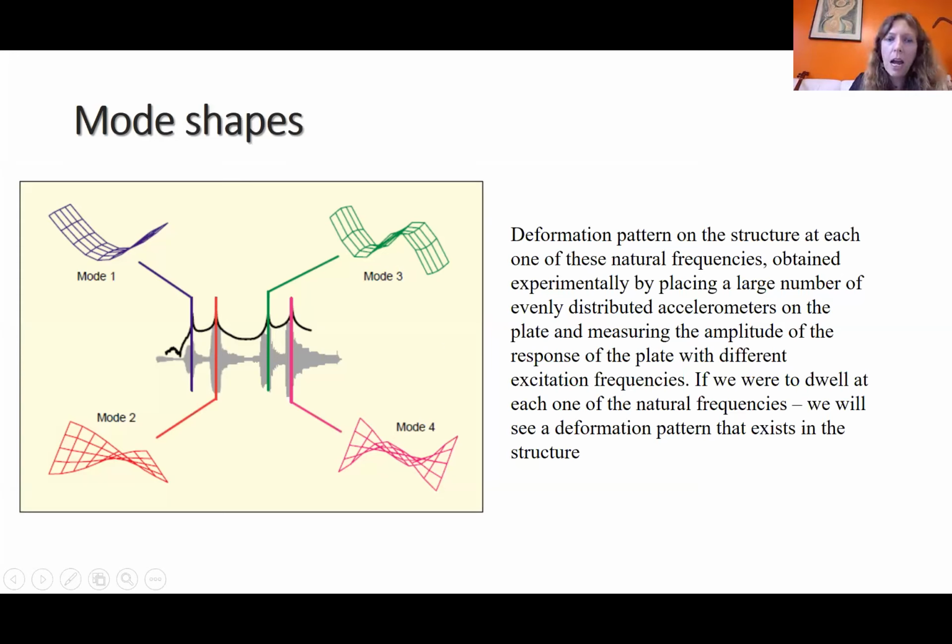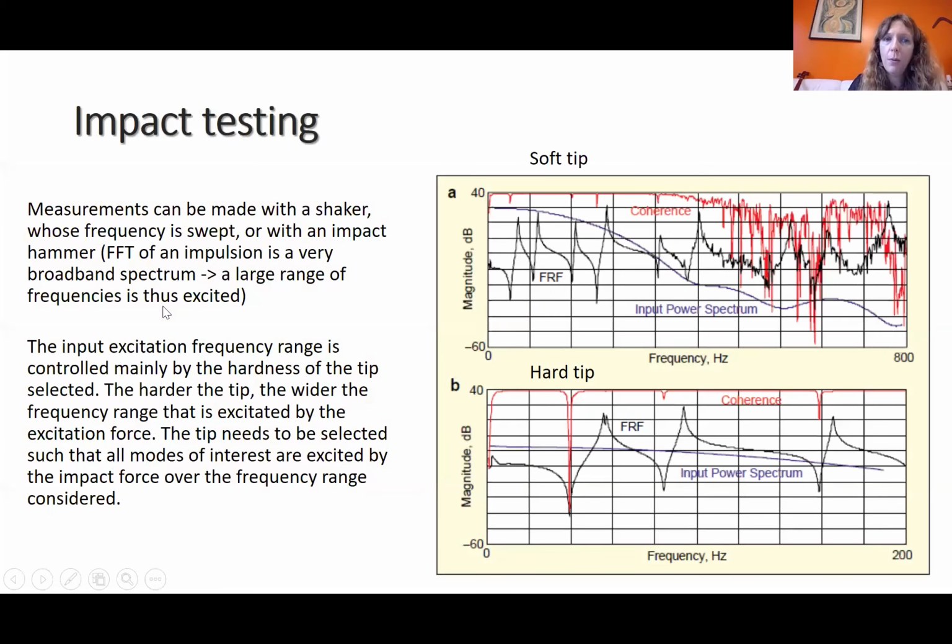Here I basically explained how these measurements are done with a sinusoidal shaker, and then you increase the frequency through time. But there is another way to do it, and that's what we are actually using, because we talked about it quite a lot yesterday: impact hammer testing. The measurements can be made with a shaker with frequency swept or with an impact hammer, because the FFT of an impulsion is a very broadband spectrum.